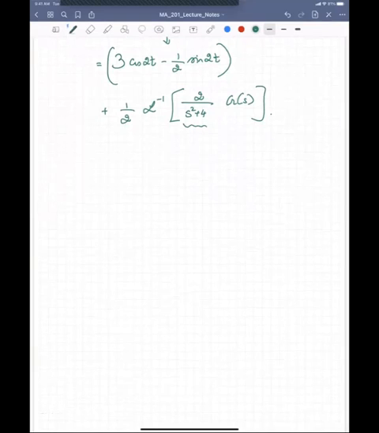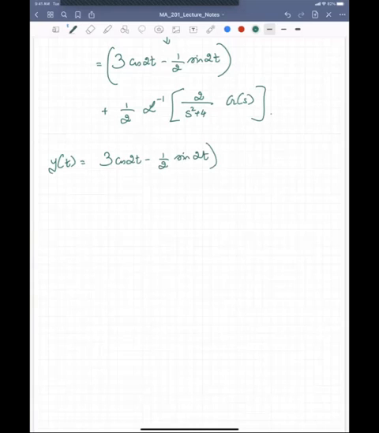The inverse Laplace transform of that guy is basically sine 2t. That is something you know, which means your answer can be written in a very simple form. You can just leave it as an integral: cosine 2t minus 1/2 sine 2t, plus one half integral from 0 to t of sine 2(t minus tau) g of tau d tau.